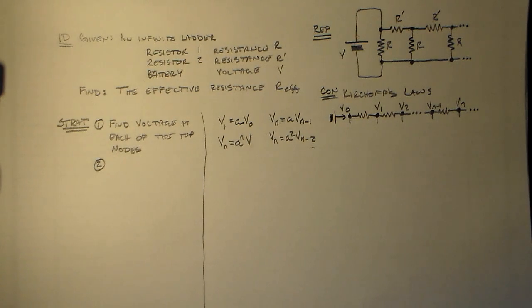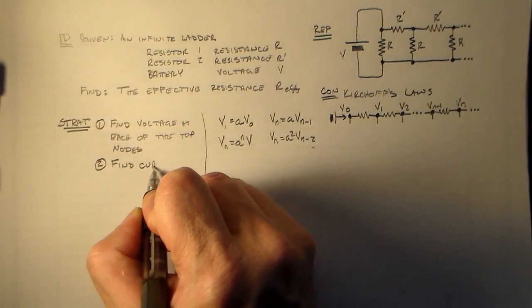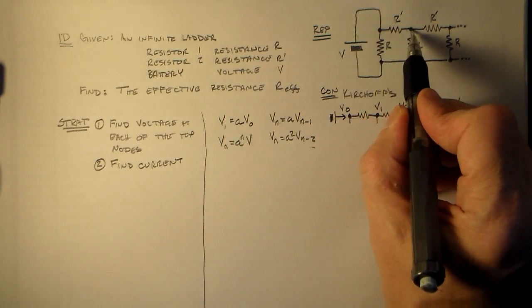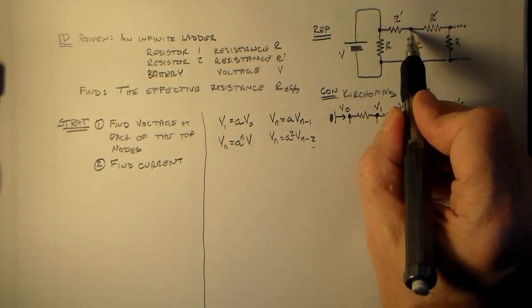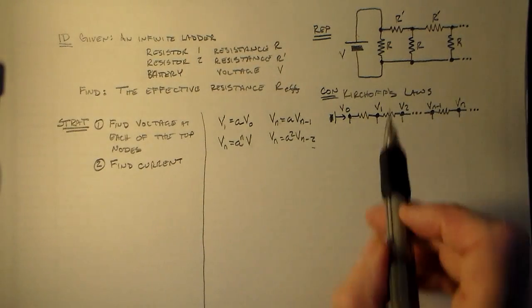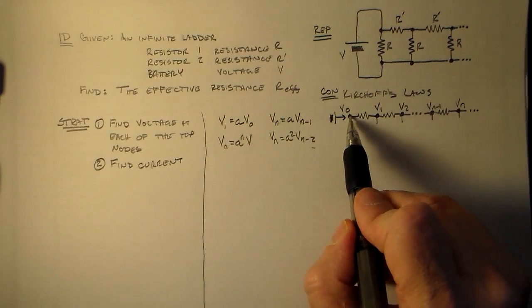I'll talk a little bit more and you can do the second part, which is to find the current in each resistor. So I want to find the current in that resistor and in that resistor and in that resistor and in that resistor. So I've got 2 types of resistors, which means I'm going to have to know not only the current, but the voltage from here to here, which is this voltage, right?